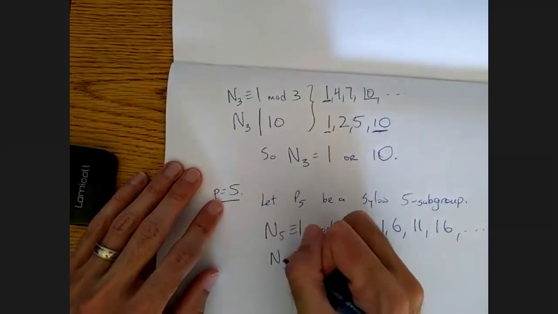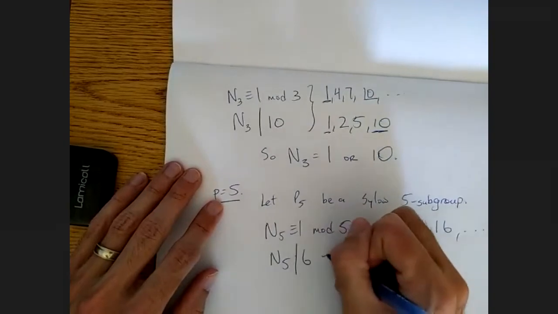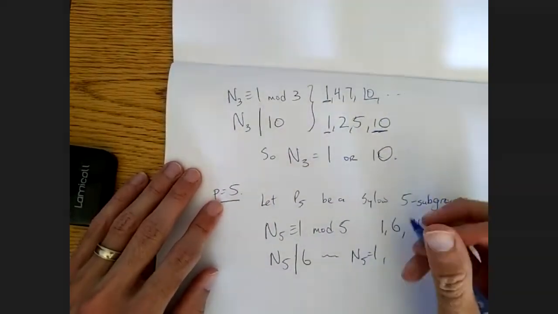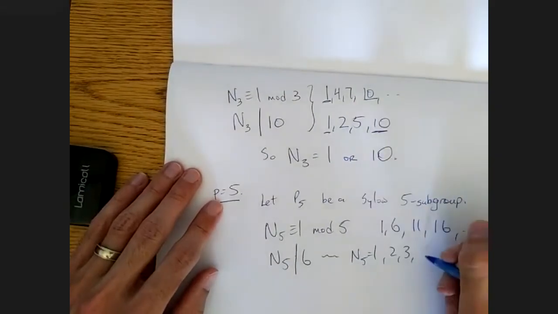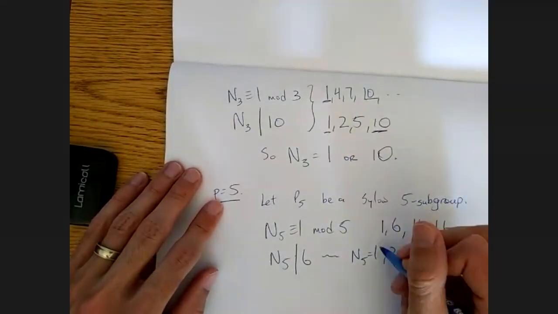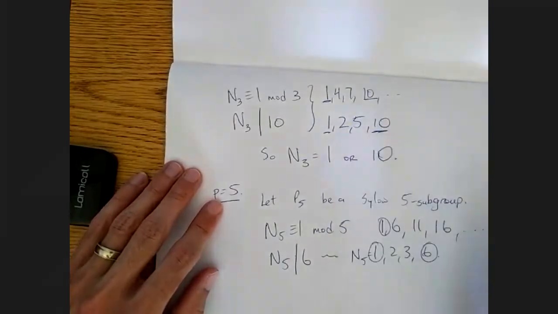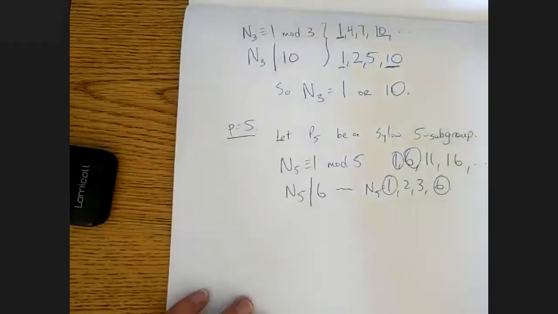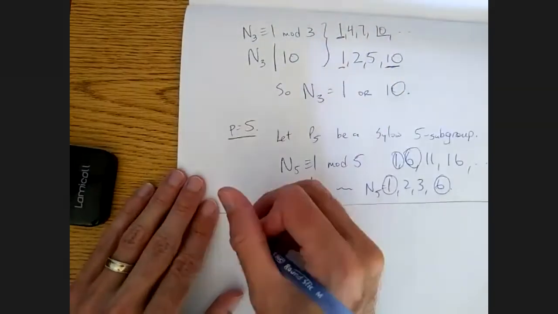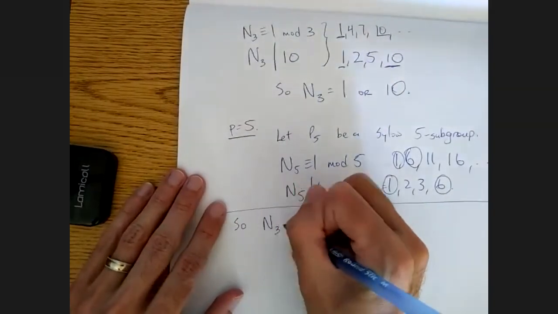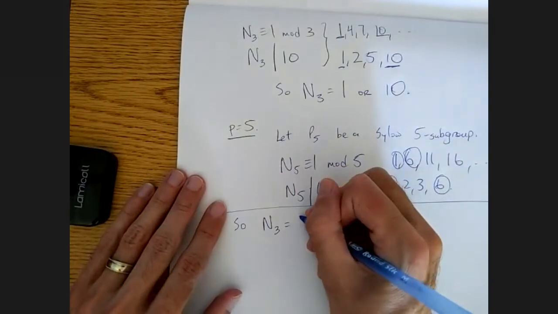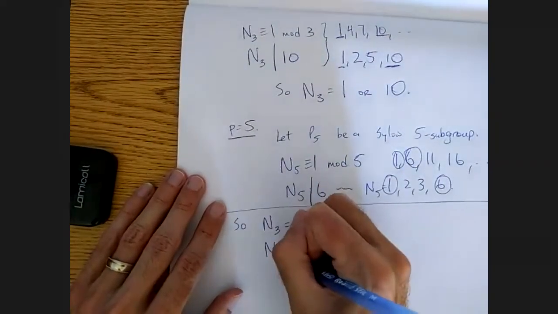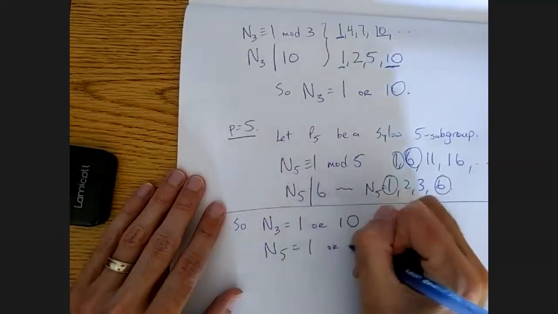And N5 also has to divide 6, so N5 could be 1, 2, 3, or 6. The common values are just 1 and 6. So here's our summary: N3 can be 1 or 10, and N5 can be 1 or 6.